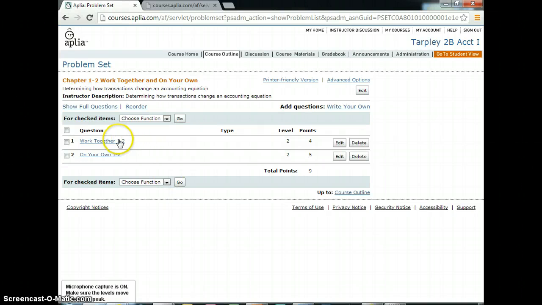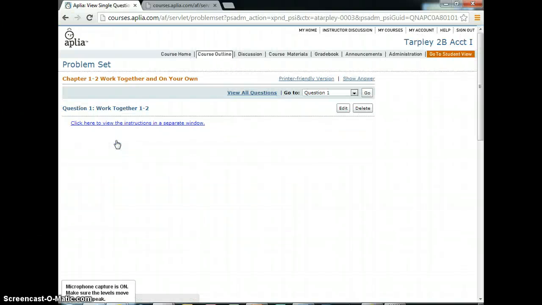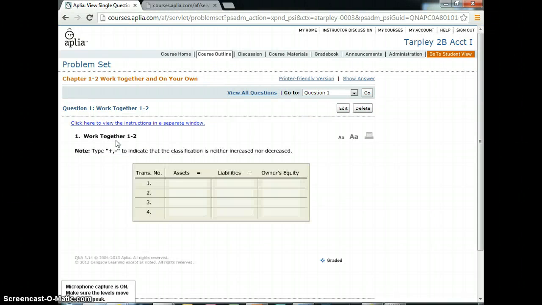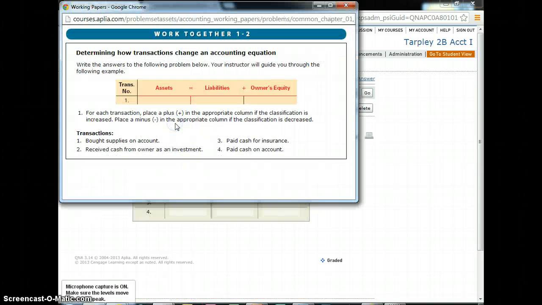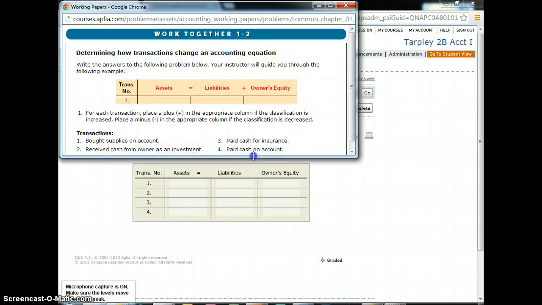Now, Work Together 1-2, and if I'm going too fast, please tell someone to pause the video so that we're not going too crazy. In this case, we're going to just include pluses and minuses to indicate the classification on whether it's increased or decreased. Now here, we actually have some transactions, so I'm going to have to use my instruction page and go back and forth.